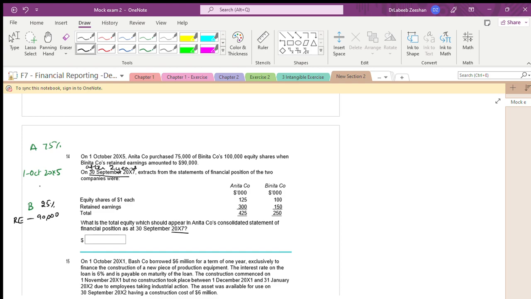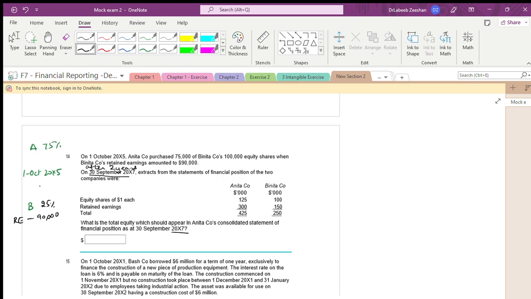We will calculate the retained earnings of the parent company, Anita. How much are the retained earnings of the parent company? 300. Yes. And what about the subsidiary company? They purchased 75%.